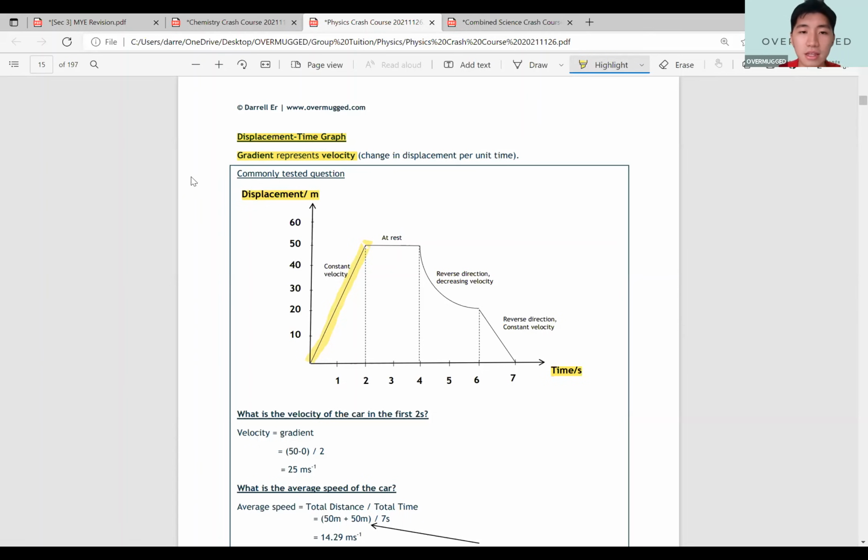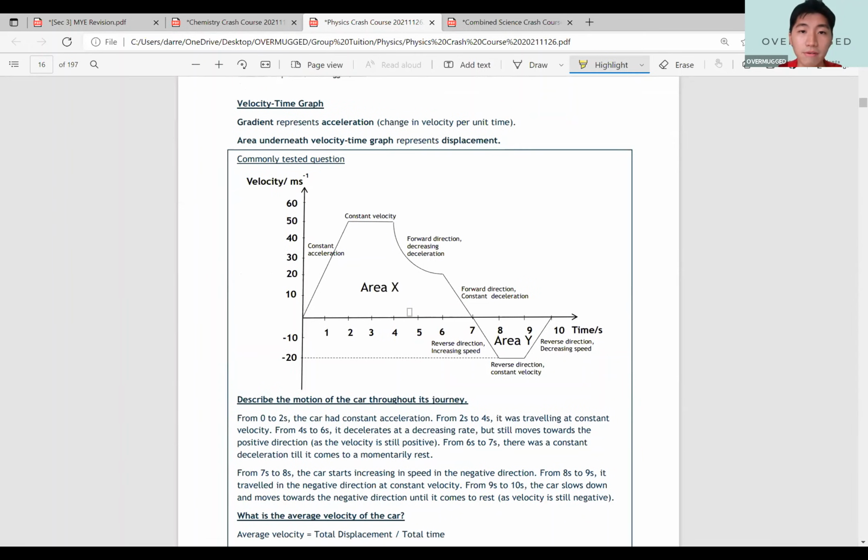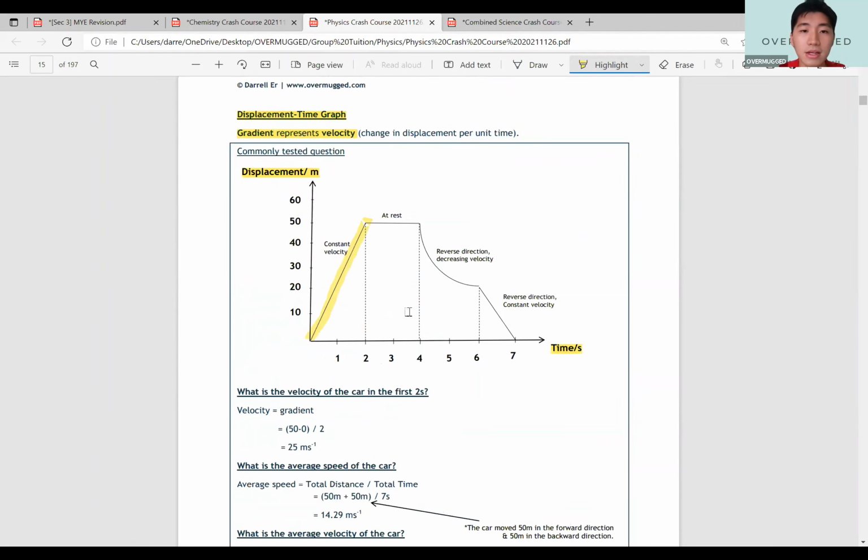Now, the other kind of graph that you're more likely to get is called the velocity time graph. For a velocity time graph, there are 2 things you need to know. If the y-axis is velocity and the x-axis is time, your gradient here represents your acceleration. I repeat again, you'll go back here. Can you see this is a constant gradient?